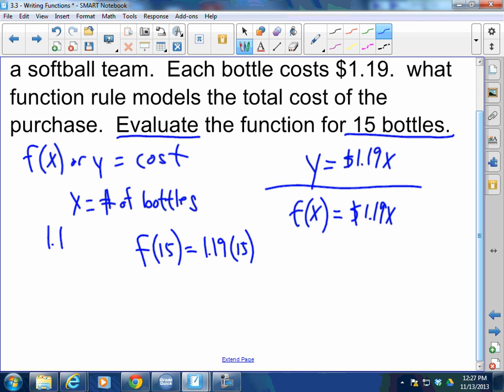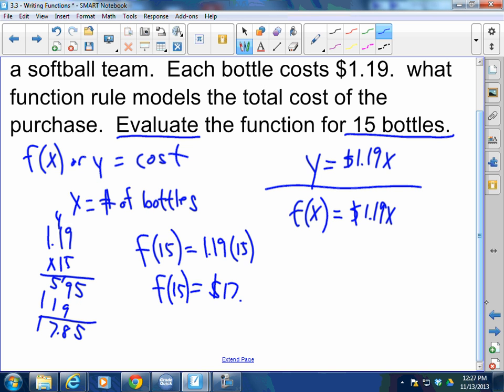Then we're going to go back to the old school. The price of 15 bottles will be $17.85.